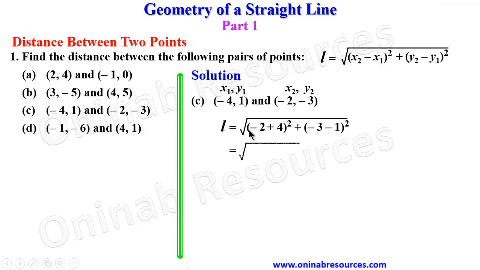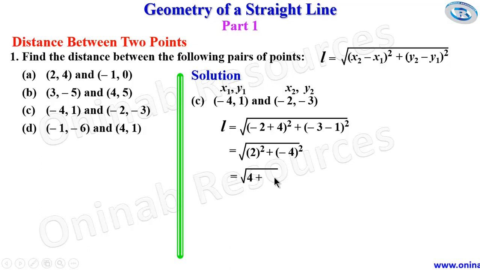Simplifying this, negative 2 plus 4 gives 2 squared. Negative 3 minus 1 gives negative 4, so we have it as plus negative 4 squared. This is giving us 4 plus 16. 4 plus 16 will give us 20. We have root 20.